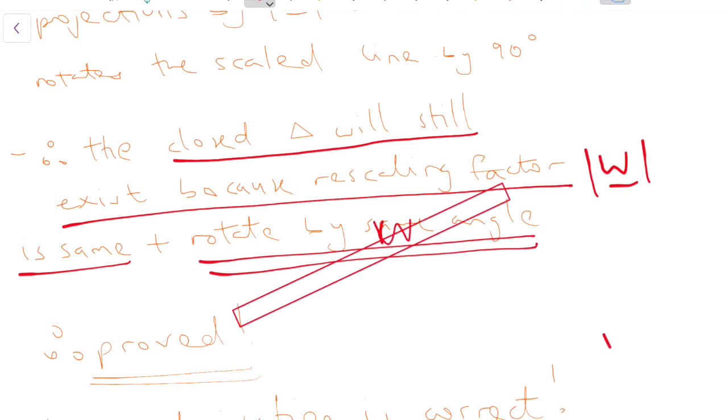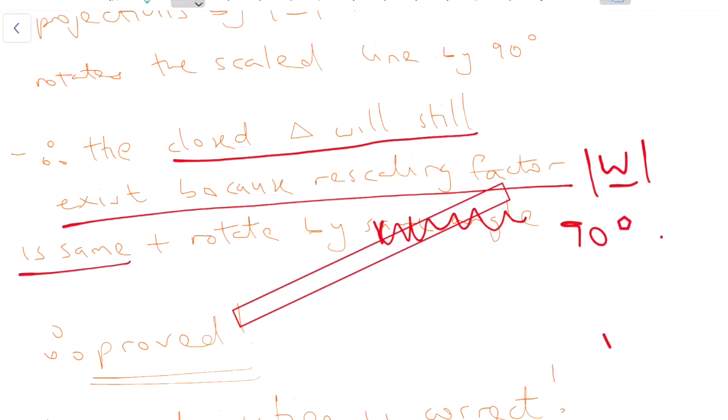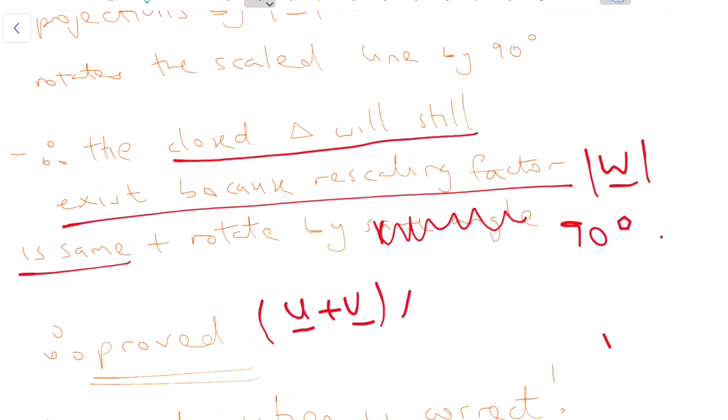This is 90 degrees. Let me erase this. There we go, my 90 degrees. Therefore, we've proved it. So indeed, u plus v cross w must be u cross w plus v cross w.